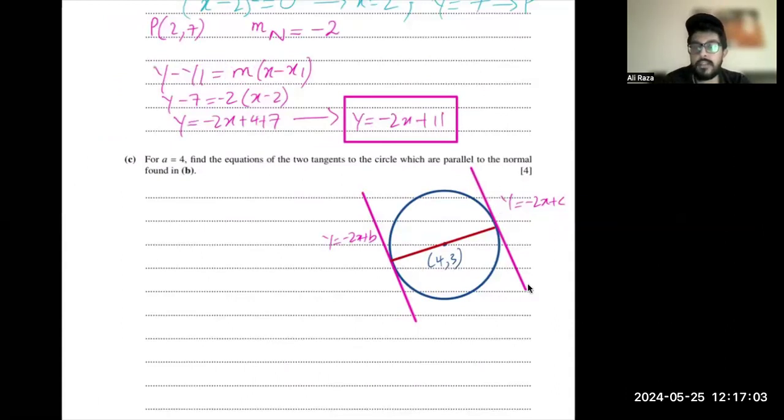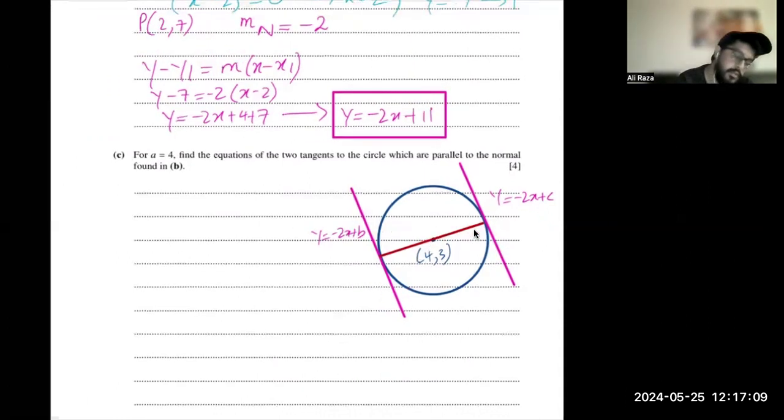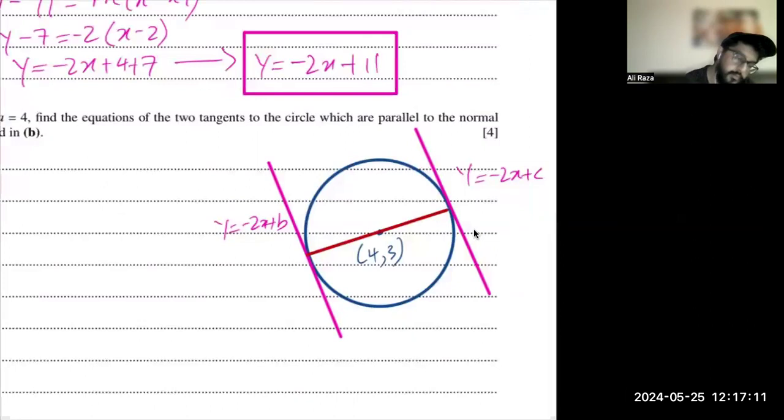This tangent would be perpendicular to the radius or diameter. So if we can find the equation of this diameter, we can find these 2 points.